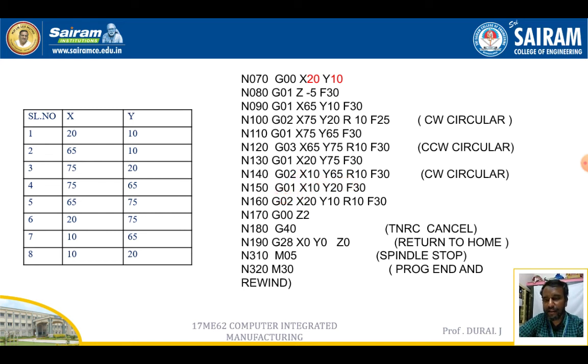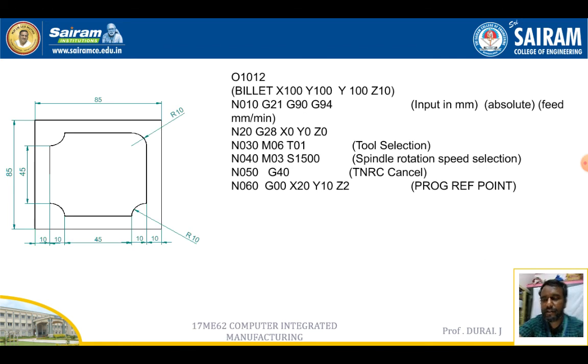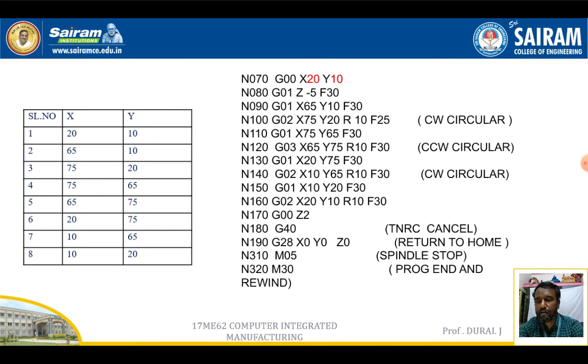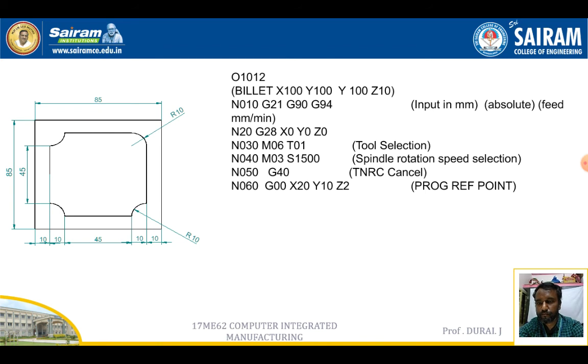And finally, again from here to here we use the G01 command, and finally from here again we can move on to the first point. So this is also a clockwise direction, so we can use the G02 command, and it is going to stop at X20, Y10 and Z minus 5.